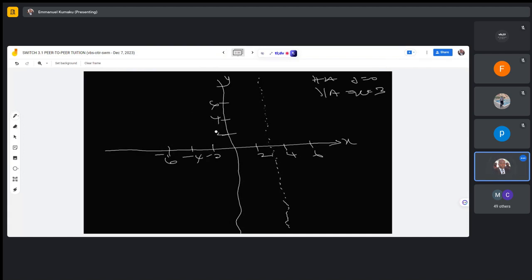Then we pick a test point on the left side of our vertical asymptote, such as 0 for x.